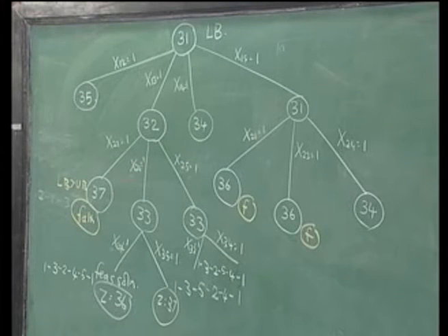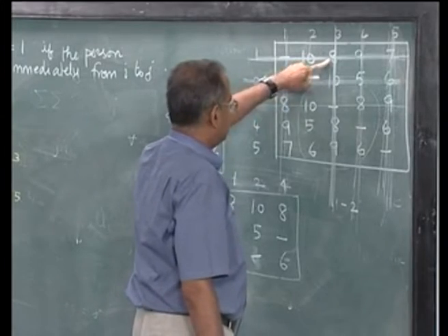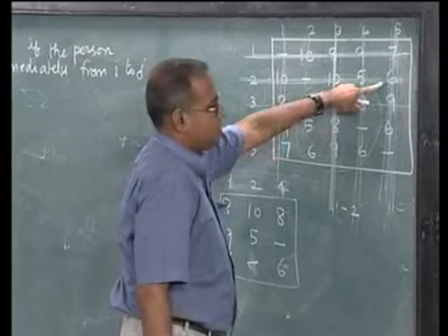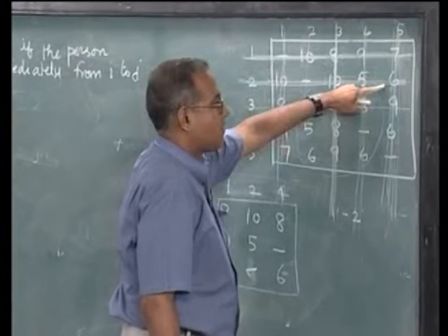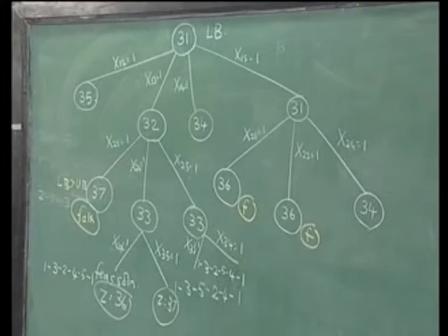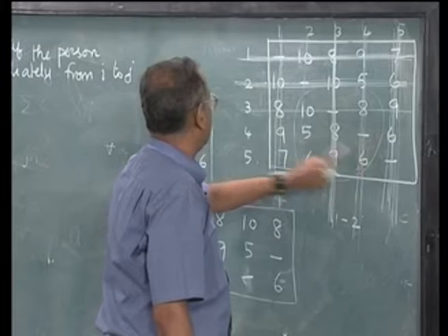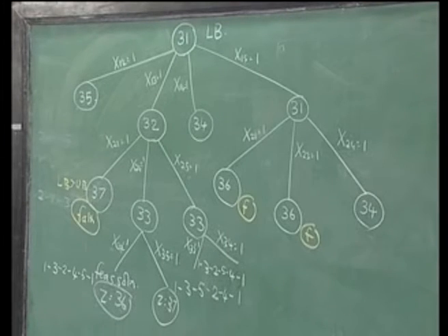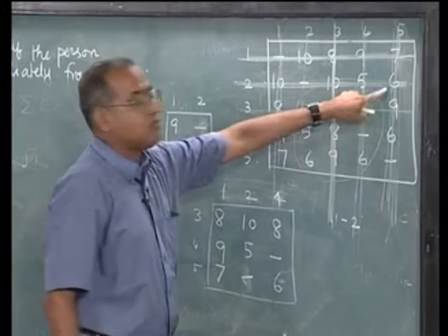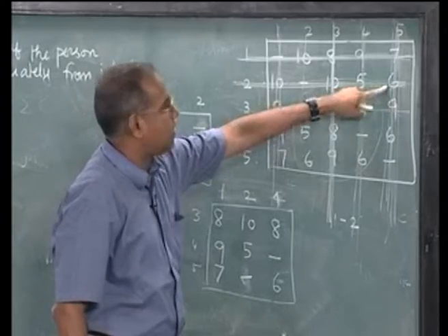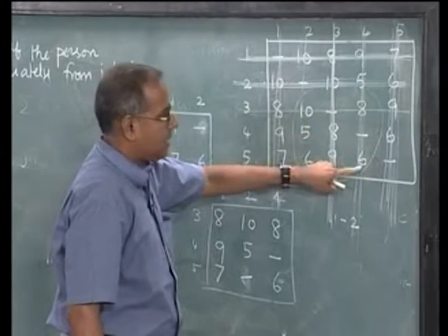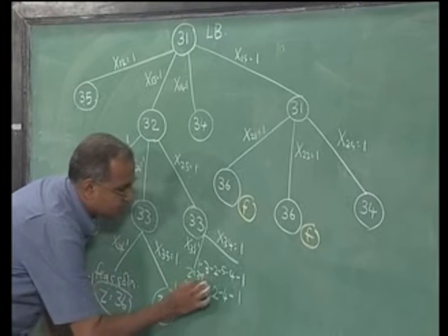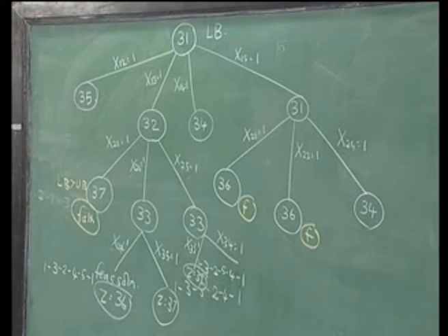Now, 1 to 3 is 8, 3 to 2 is 8 plus 10, 18, 2 to 5 is 18 plus 6, 24, 5 to 4 is 30, 4 to 1 is z equal to 39. So, z equal to 39 is also not going to help me in any way.